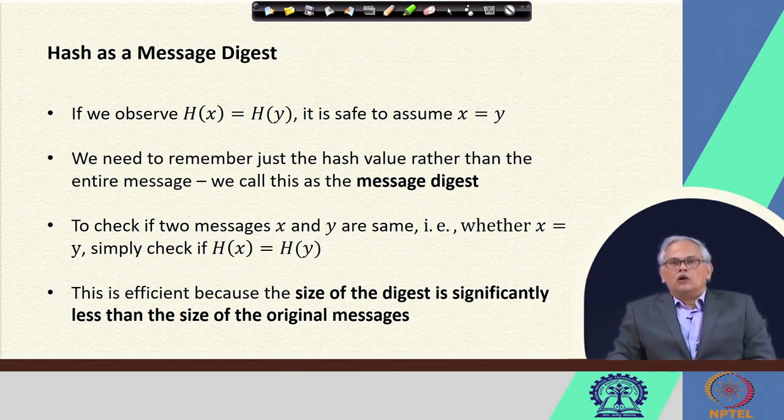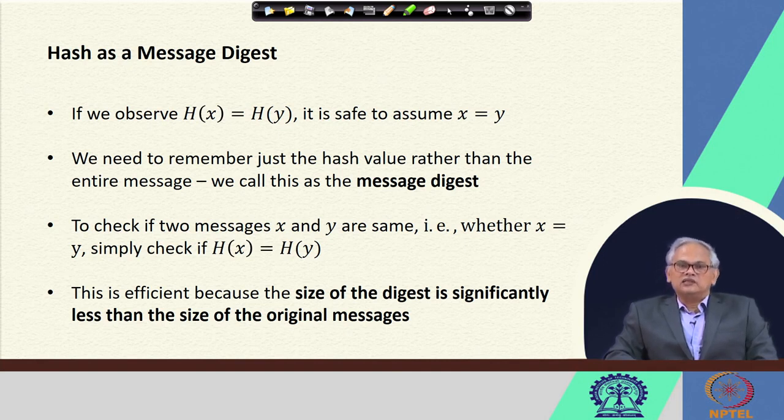Now, another important use of hashes is that it can be used as a message digest. Meaning what? It means that since h x is equal to h y, it is safe to assume x is equal to y, meaning that if we see there are two digests which are the same, then we can safely assume that the original messages are also the same.